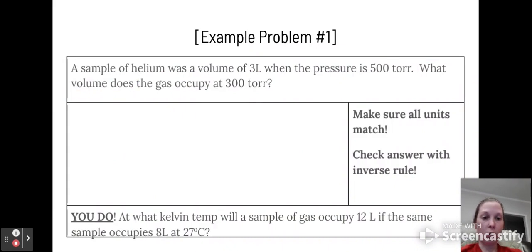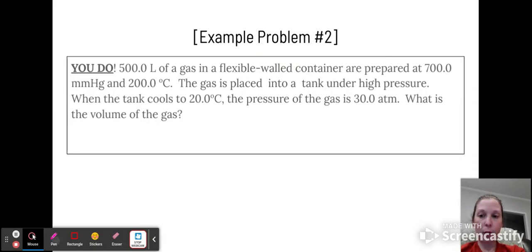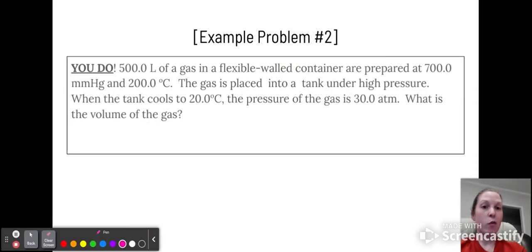And now I want you to pause the video and try this example here at the bottom. Now, there's another example I want you to try, and I'm going to help you underline what you're given, circle what you're looking for, and label everything so that we can know where we're at.